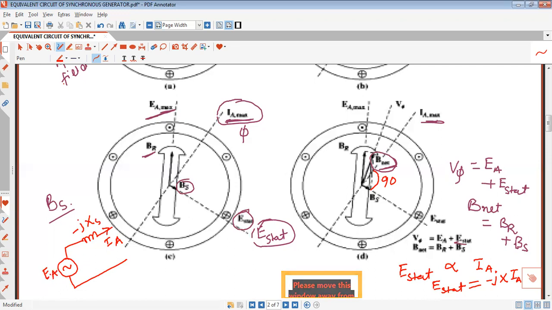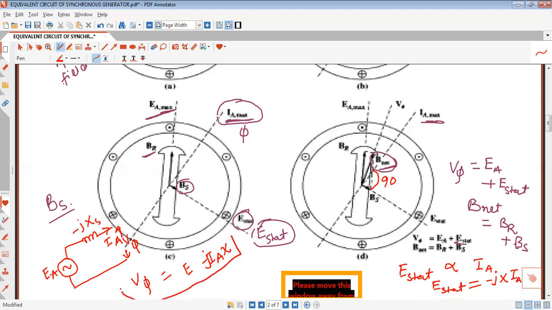Whatever voltage we are getting is called V phi, and this V phi we can write using Kirchhoff's voltage law as EA minus jX IA.